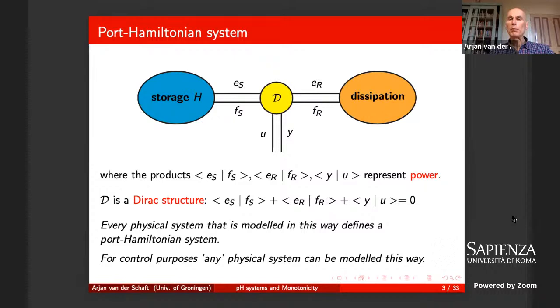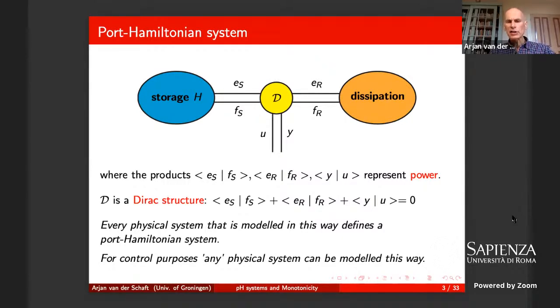So they are only power routing. The variables E and F and U and Y in this cartoon are conjugate vectors living in dual spaces, and the product of them is equal to power.